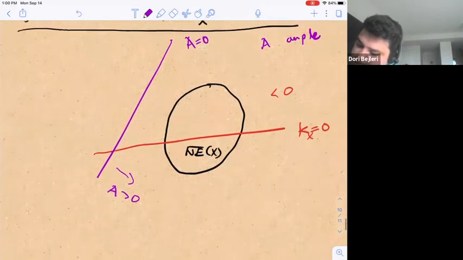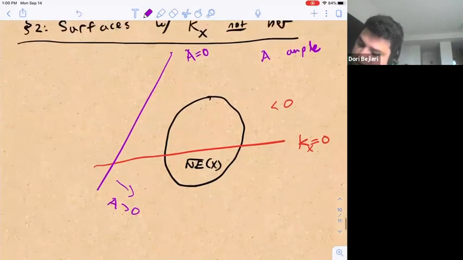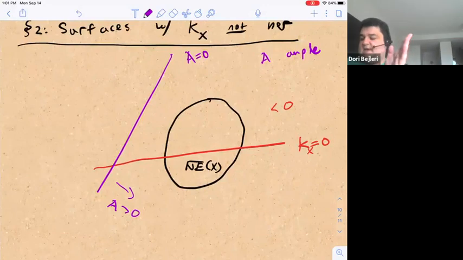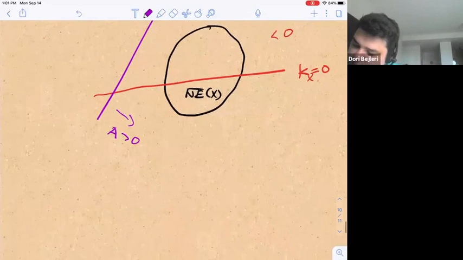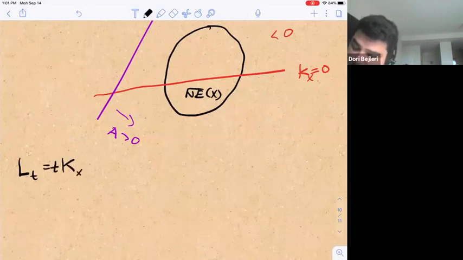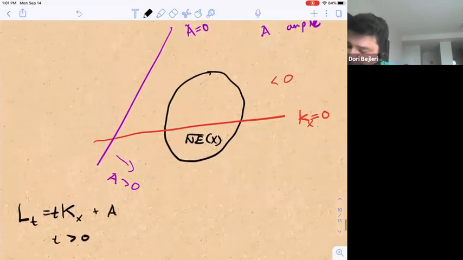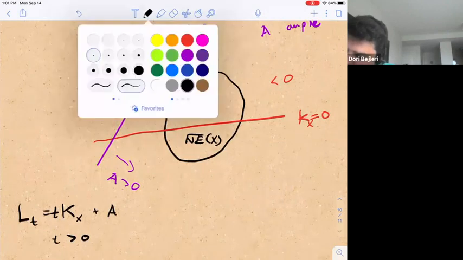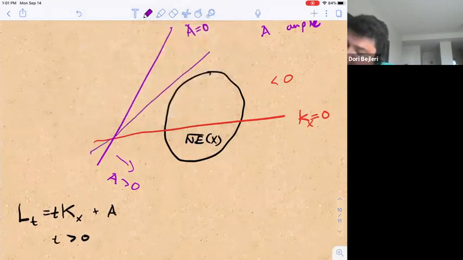And then we're going to understand the curves on the boundary of NE bar X by moving this A closer and closer to NE bar. So more precisely, we're going to consider line bundles, or divisor classes, of the form L_t = tK_X + A for t greater than 0. And so you should think of these L_t as we increase t.